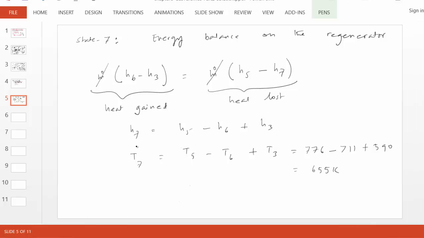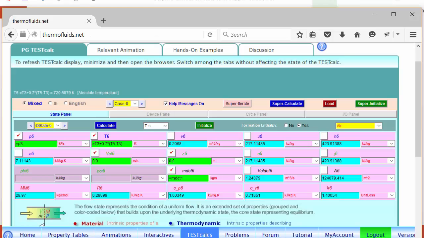Okay, let's verify. We'll use this equation because this is more general. It can be applied to ideal gas model. 5 minus 6 plus 3. So you go back.